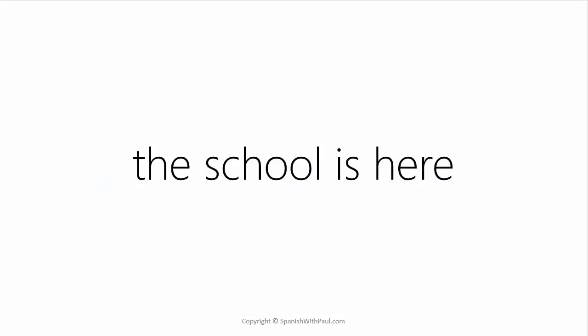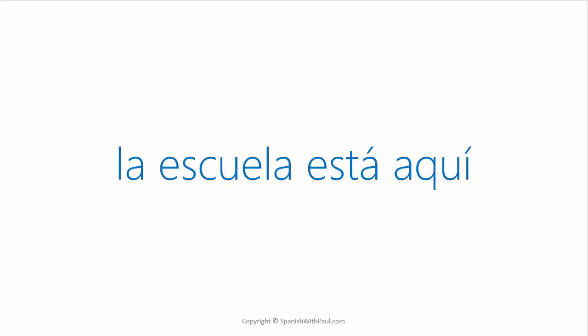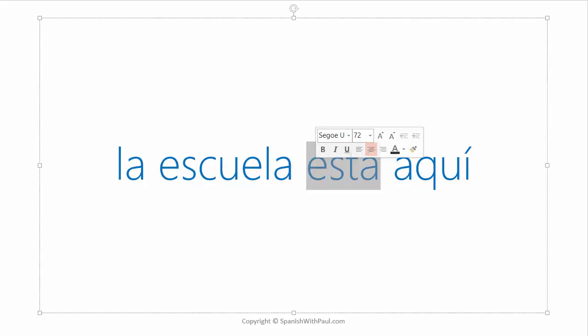Let's try one more and we'll go through all the angles: present, future, and dot past, line past. So the phrase is the school is here. The school in Spanish is la escuela. So how would you say the school is here? It would be la escuela está aquí, because we're referring to location and we're just in the present tense of estar.